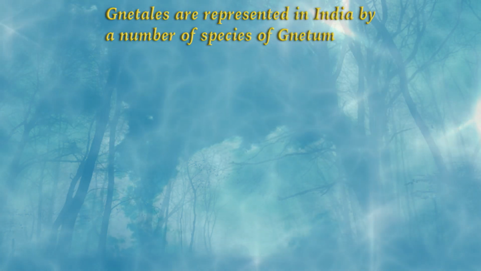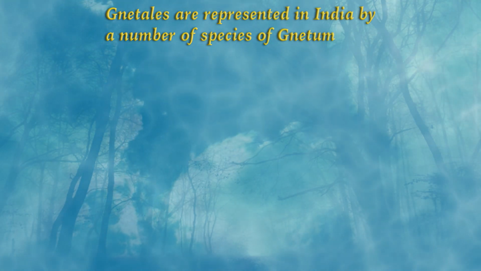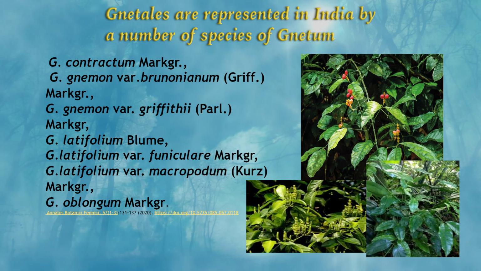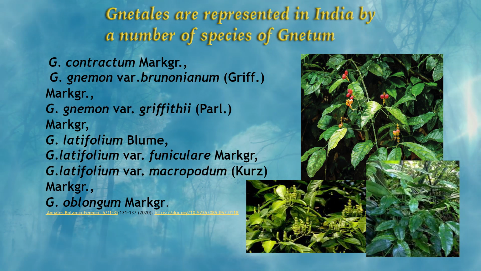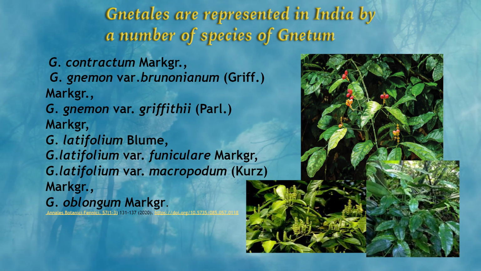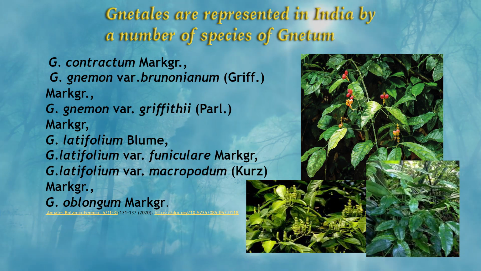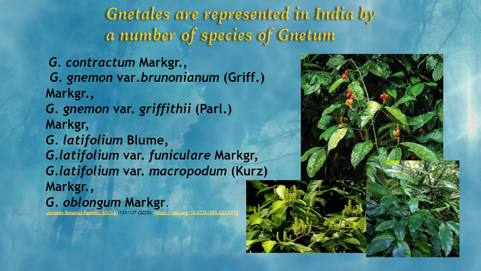Gnetales are represented in India by a number of species of Gnetum. These are Gnetum contractum, Gnetum gnemon, Gnetum gnemon variety griffithii, Gnetum latifolium var funicular, Gnetum latifolium macropodium and Gnetum oblongum.